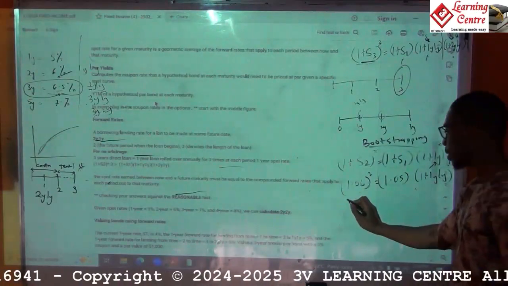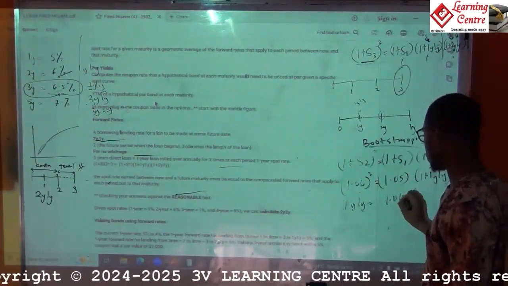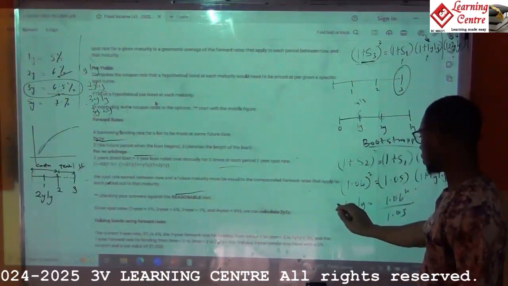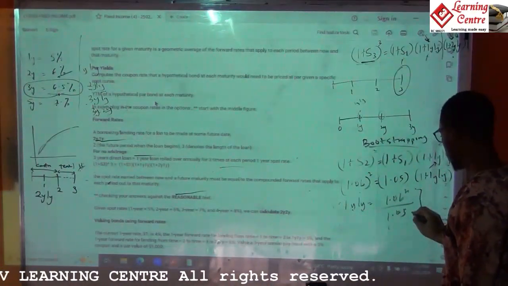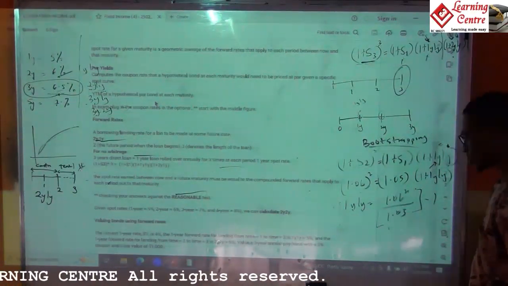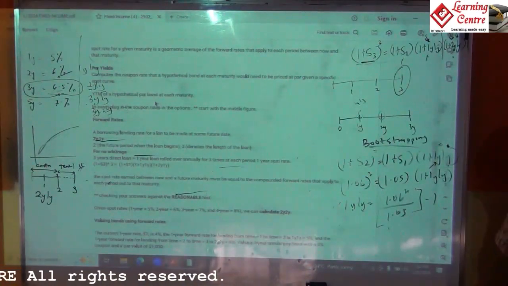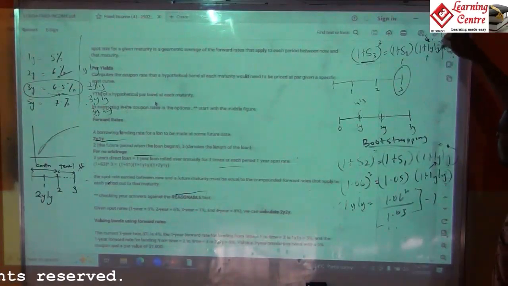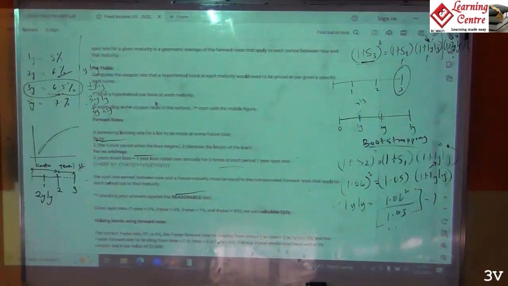So take 1y equals 1.06 squared over 1.05, then minus 1, and that will give us our 1 year, 1 year forward rate. The answer we get from here, we plug it in here and do from there. That gives 1 year, 2 years' time.